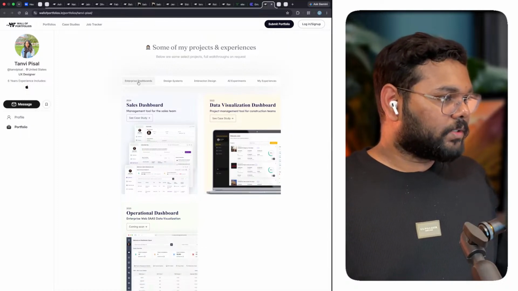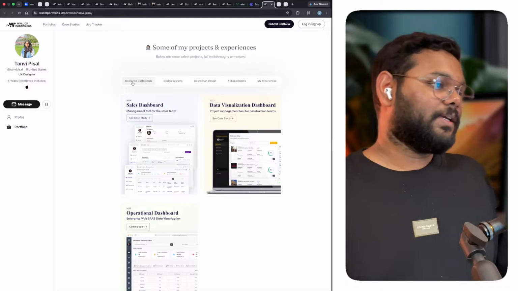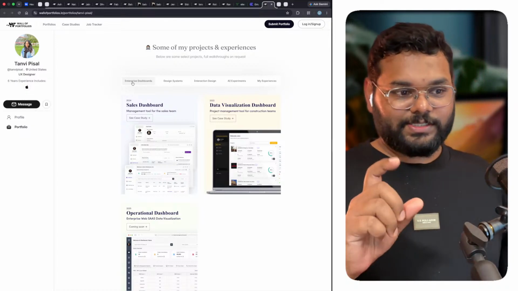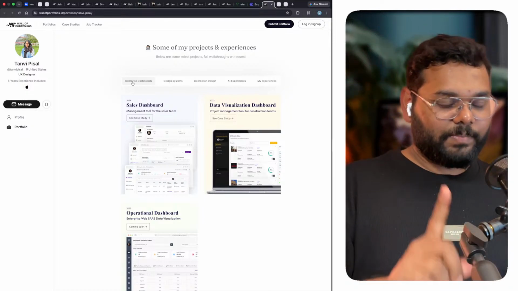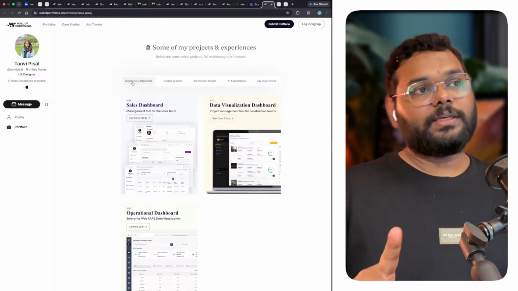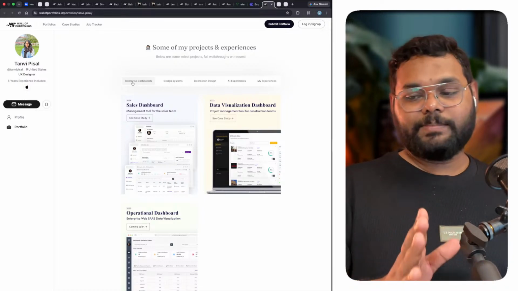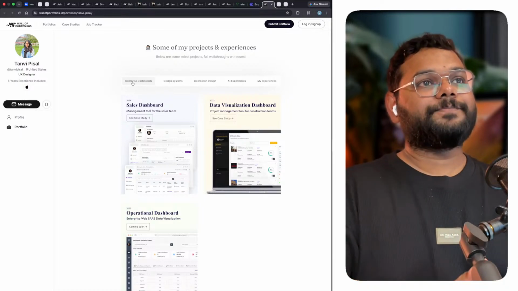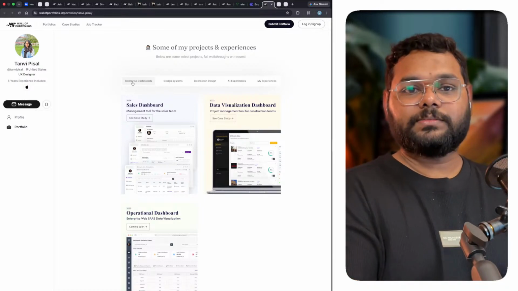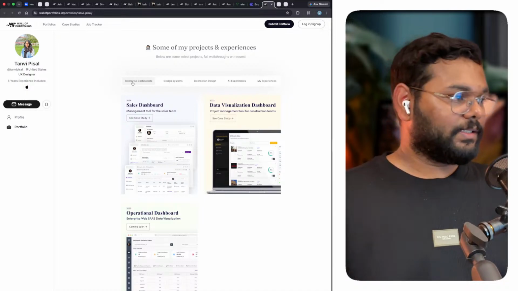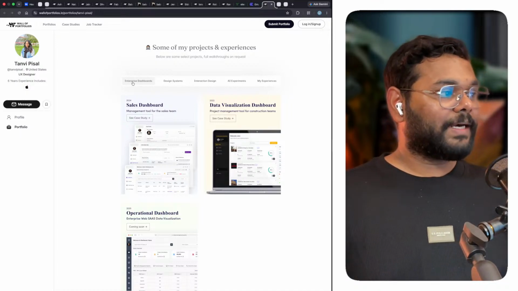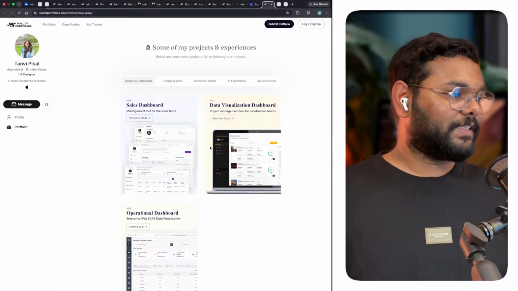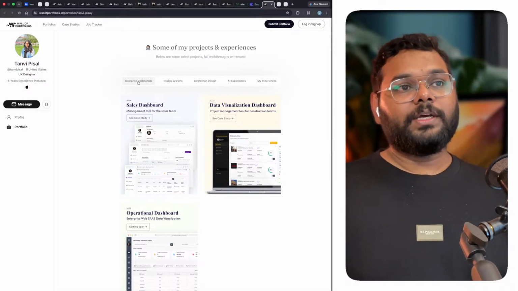Sales dashboard. So again, this is very interesting, right? When you are applying for different domains, if you keep things separate, let's say you are applying to fintech, then by default you can give the link of this particular tab to the fintech.